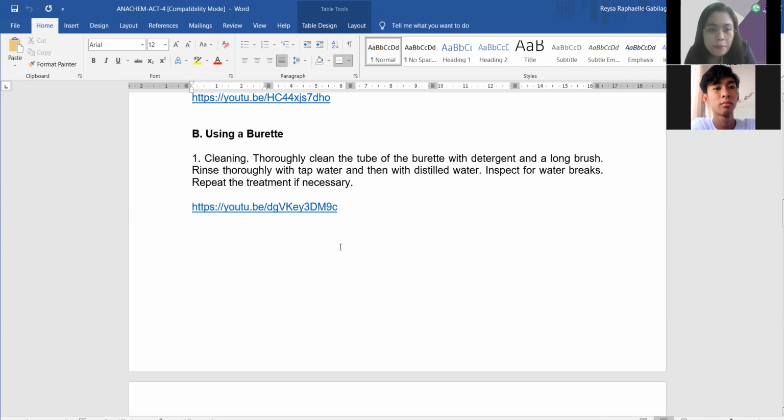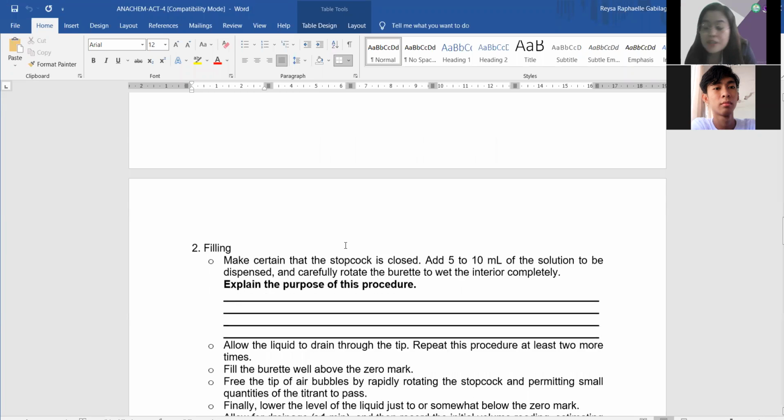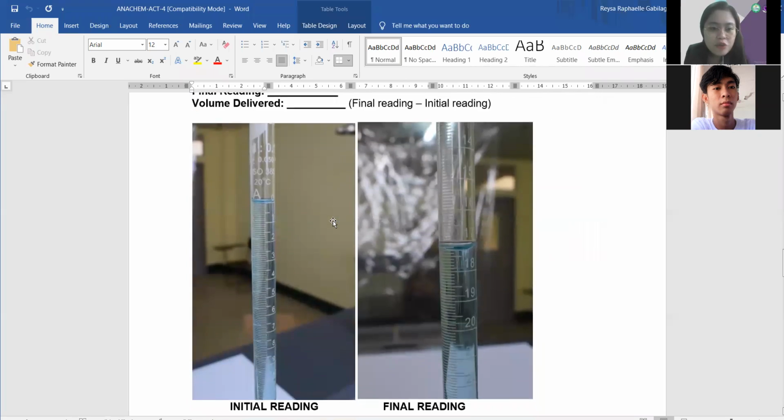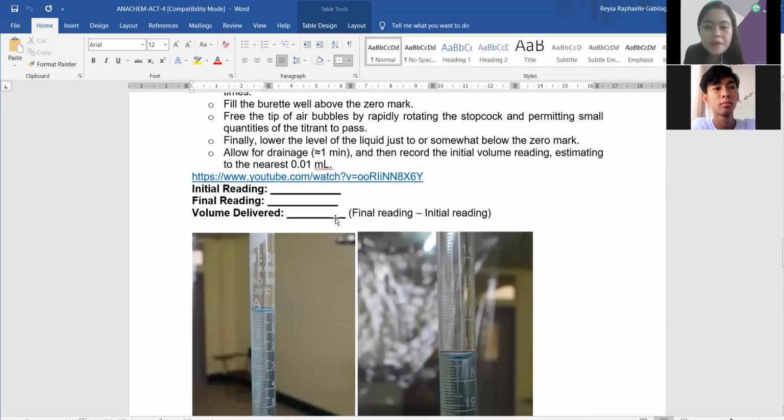And then part 2 will be about the burette, including the cleaning and also the filling of the burette and also measuring a certain volume. So again, all the procedures have a link provided on YouTube. And then you have to answer this based on your readings on filling the burette.